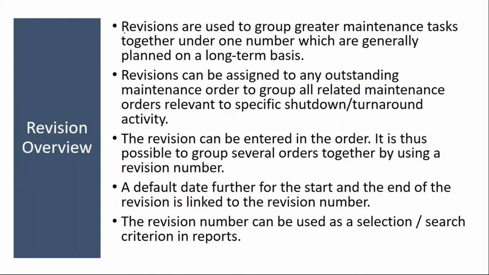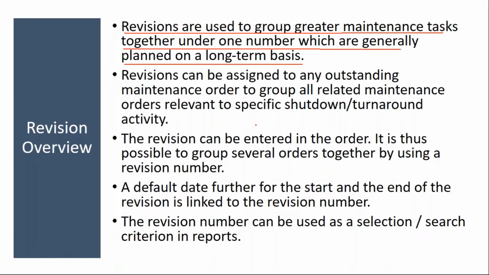So revisions are used to group greater maintenance tasks together under one number, which are generally planned on a long-term basis. Basically, revisions are used for clubbing of the maintenance tasks, maintenance orders. Suppose you are doing maintenance for a particular plant every year in a particular period, let's say for 15 days. You shut down the plant for the 15 days and you do all the maintenance activities.